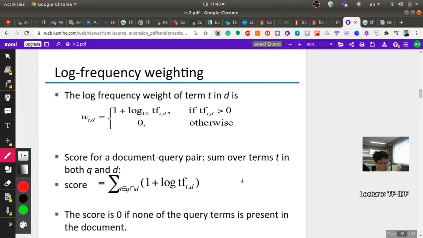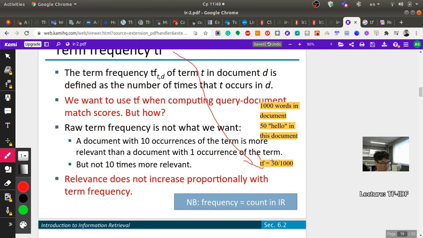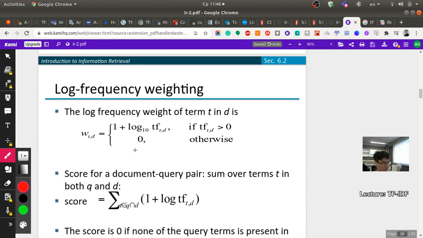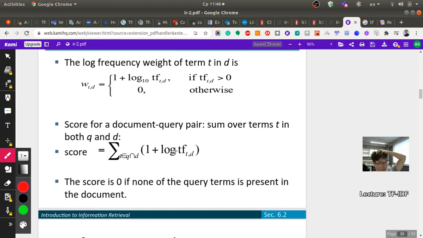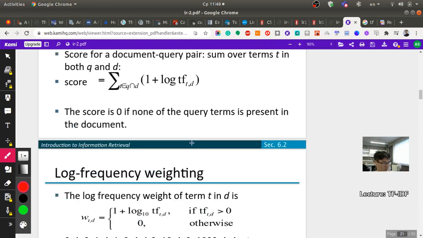And log frequency. We can also do this one. This is the formula. Instead of this, you can use the log frequency weight of term T in D. You calculate how many times the term is in the document, and use it as a log.